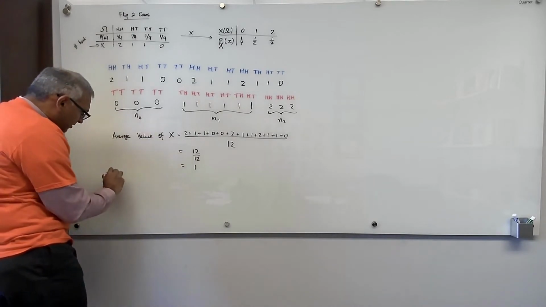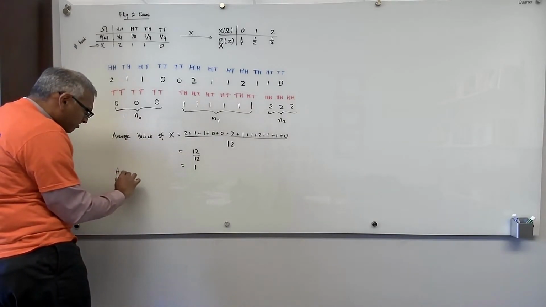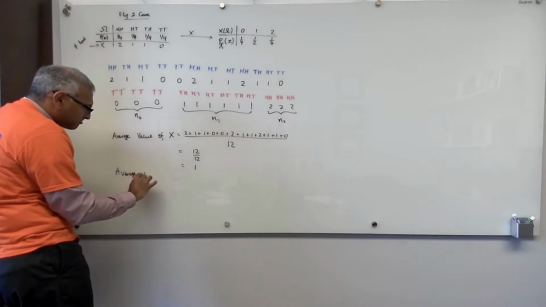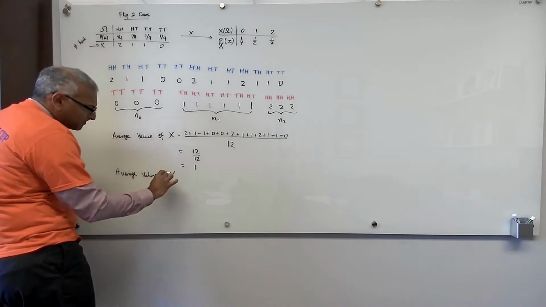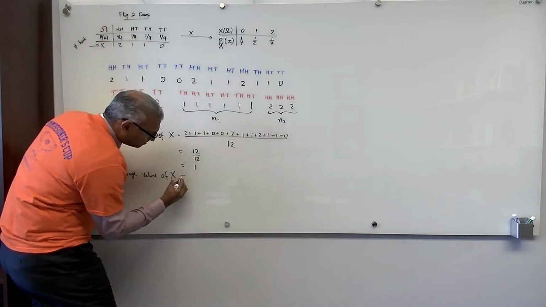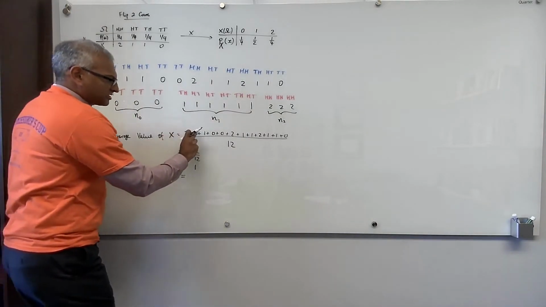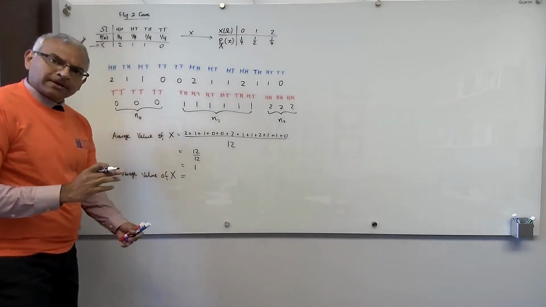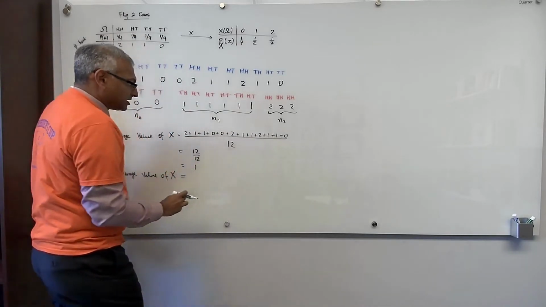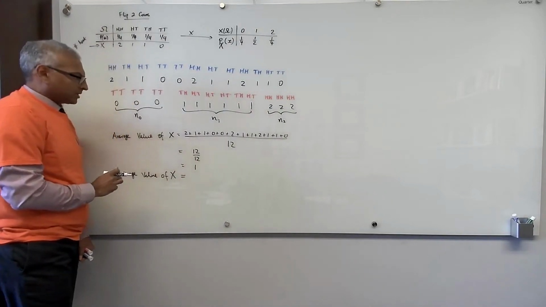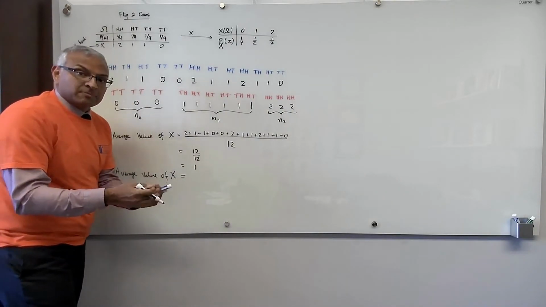The average value of x is equal to the sum of the measurements. I'm not going to change anything. It's the sum of the measurements, and here I just added them up blindly. Well, I can add them up in a smart way.